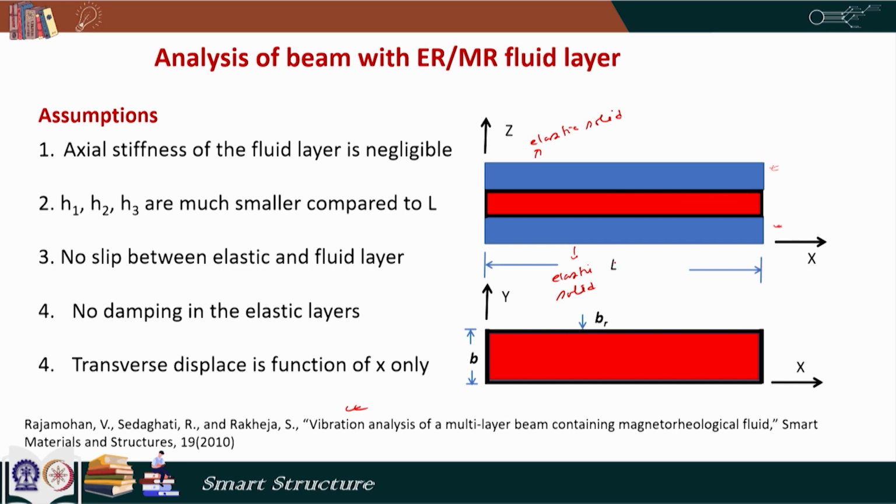Now, the dimension of the beam along the direction x is L. The thicknesses of the solid layers we can call H1, H2 and H3.